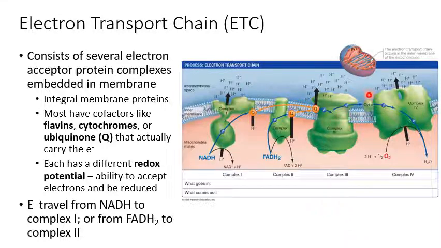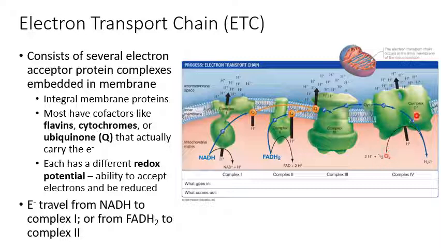So the redox potential is going to go up as the energy of the electrons goes down until you get to oxygen. Oxygen is the final electron acceptor, which means that when the electrons get to the end of the electron transport chain, the final molecule to accept them is going to be oxygen. Oxygen has a very high redox potential, and when the electrons get to the end of complex 4, they don't have very much energy left.